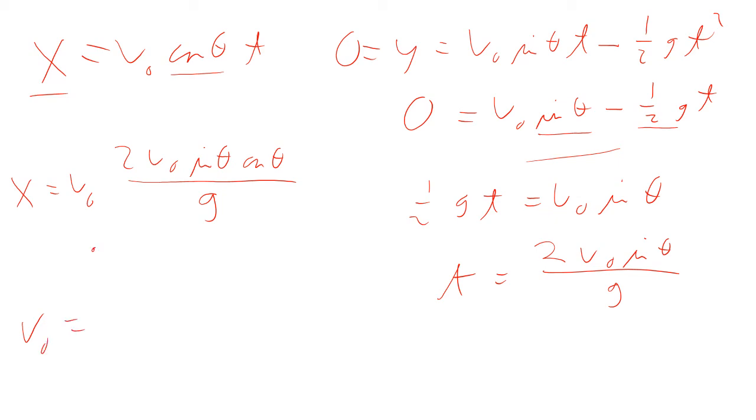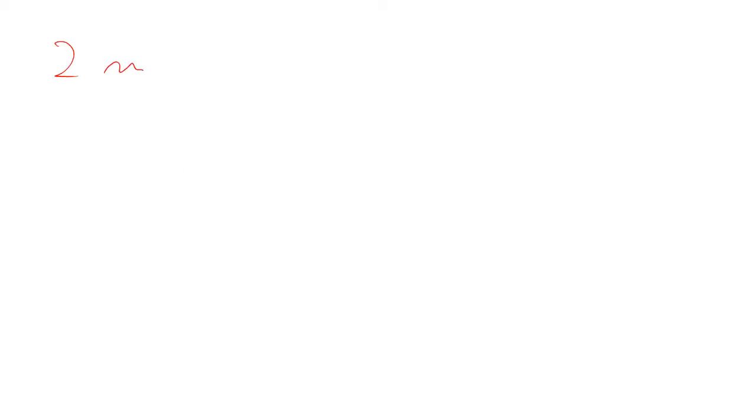And so after we do some algebra, this comes out to be that v naught squared is equal to g x divided by 2 sine theta cosine theta. Oh, wait a minute, 2 sine theta cosine theta down here. You remember, that's a trig identity.